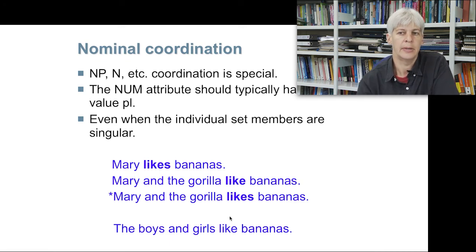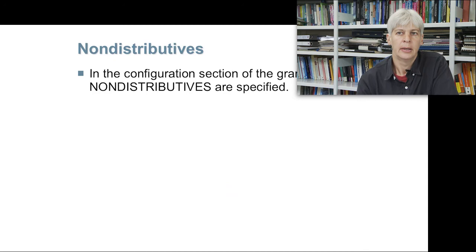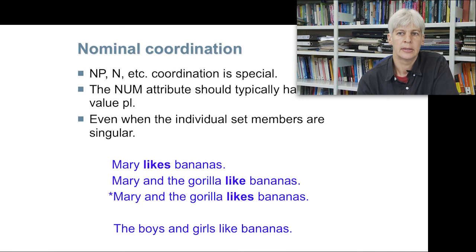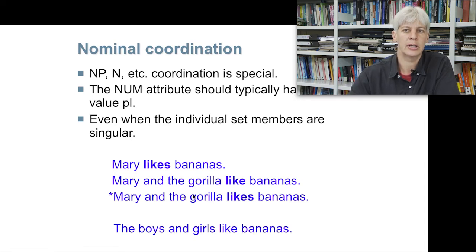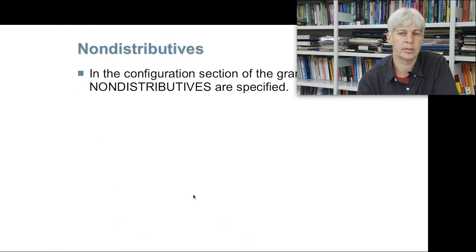So somehow we need to be able to specify that. How do we do that? For one, we need to make sure that the number information of Mary and the gorilla is not distributed across all conjuncts of the grammar. Mary would be singular, the gorillas would be plural. We need to make sure that each of these can have their own specification. How do we do this?